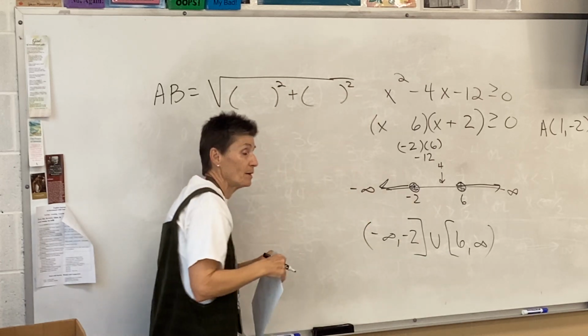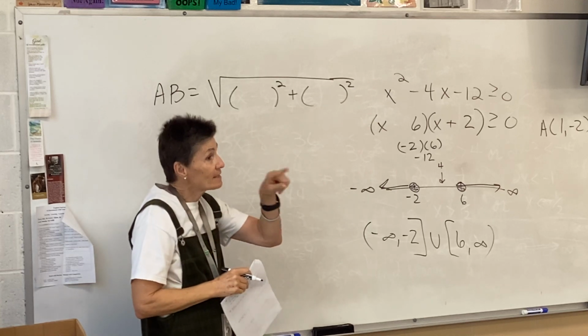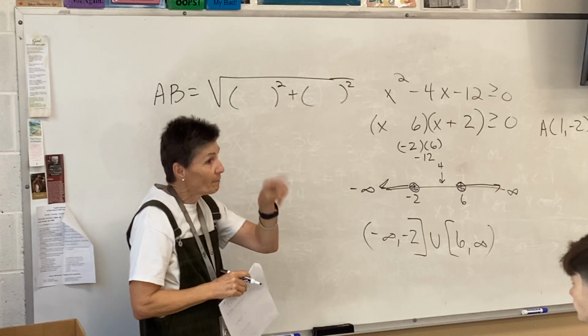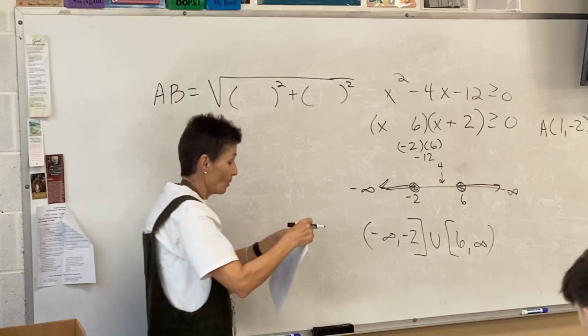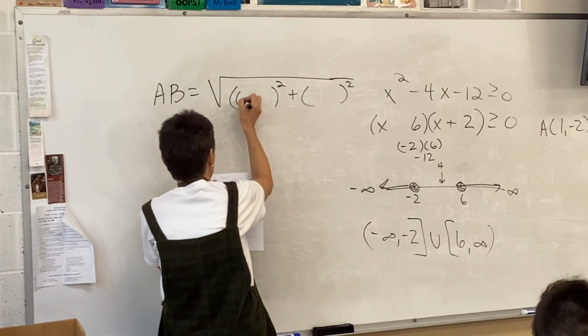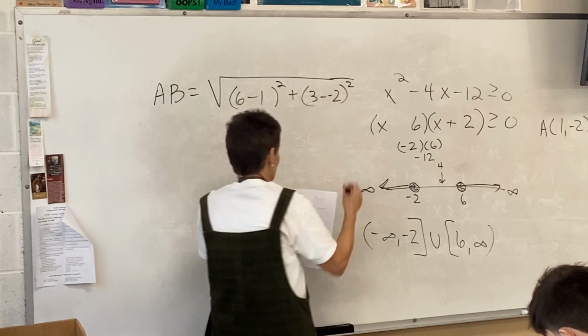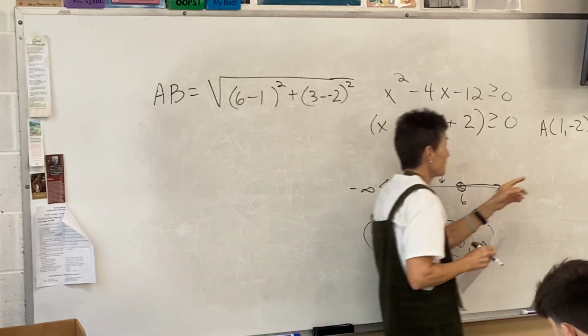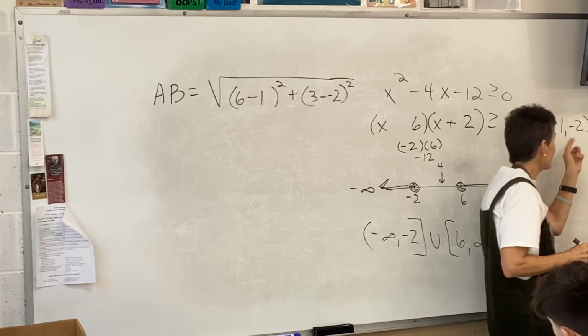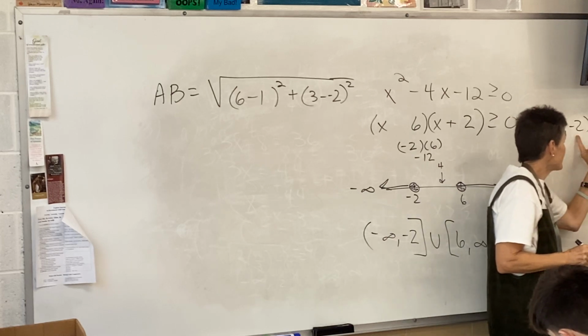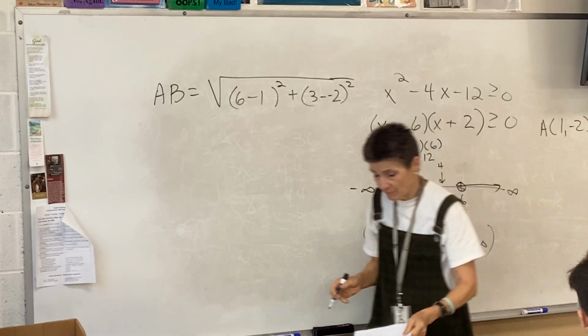And what goes in the parentheses? X minus X and Y minus Y. So X minus X, 6 minus 1, Y minus Y, 3 minus negative 2.